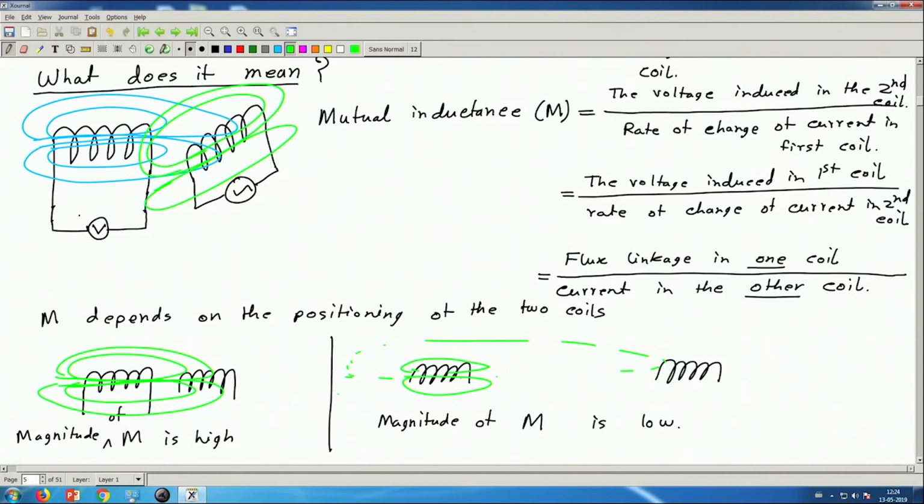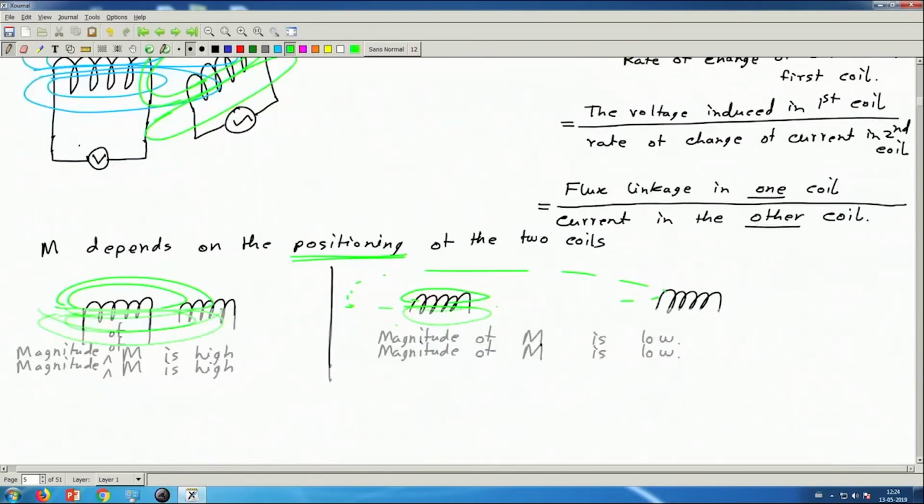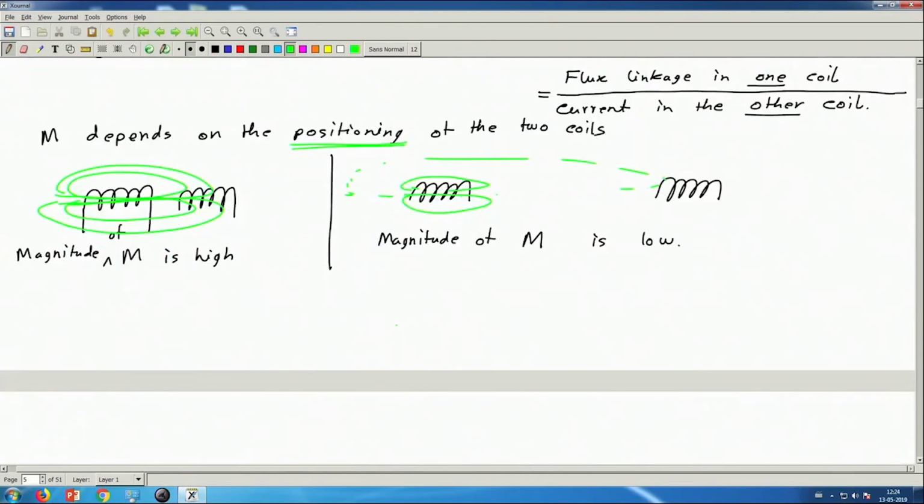So, M depends on the positioning. It also depends on the angle between the two coils.